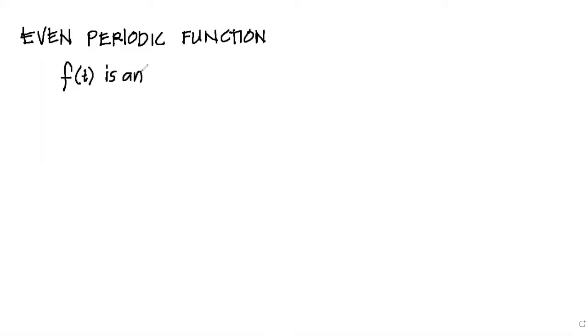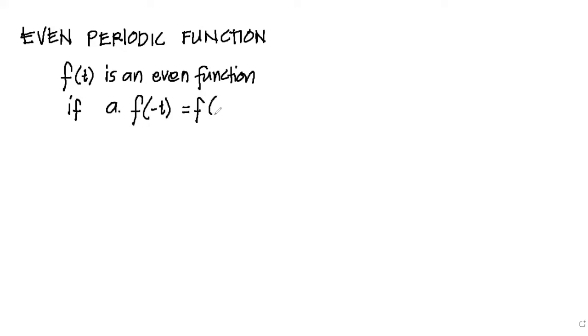Now let's go to the types of periodic functions. First, we have even periodic function. F of t is an even function if it satisfies these conditions. First, f of negative t is equal to f of t.